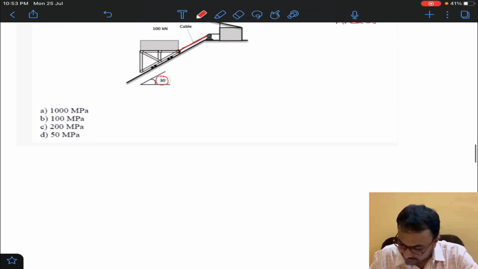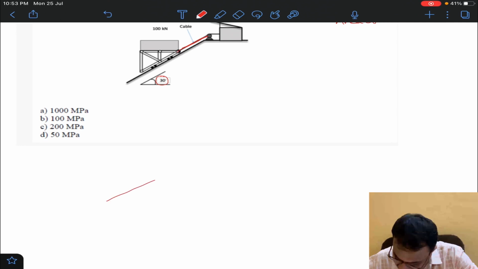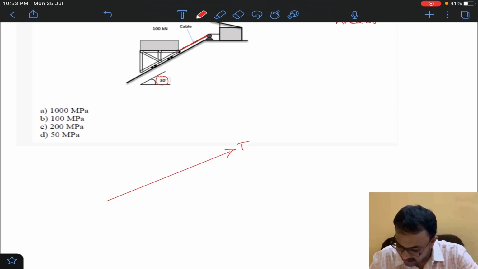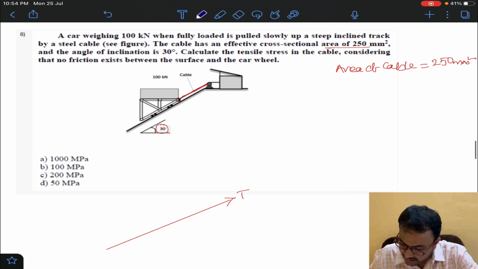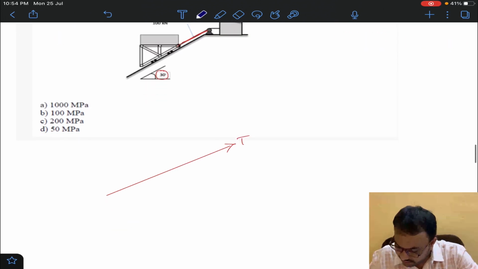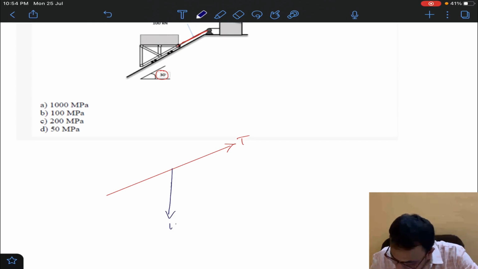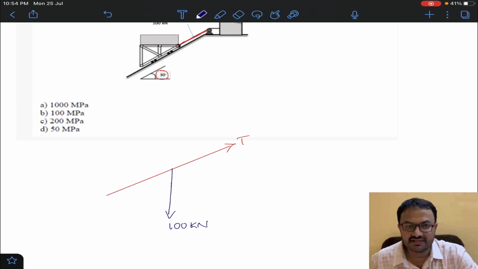Here, there is tension in the cable, obviously, right? And there is a weight of the car, 100 kilonewton. Obviously, weight will always act in which direction? Vertical direction.